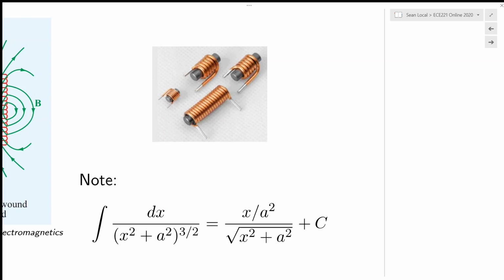The insulation is clear, so you can't really see it here, so that the individual wires aren't shorting out with each other. And we can wrap them around a magnetic core, which in this case looks to be a ferromagnetic core. And you can see that we can have various configurations here, different diameter cores, different number of turns, which affects the length of the coil, and so on.